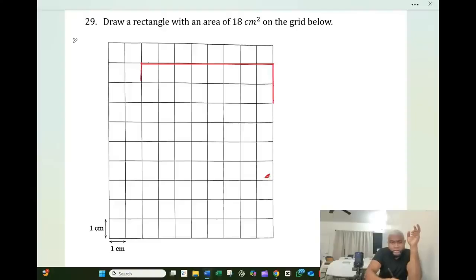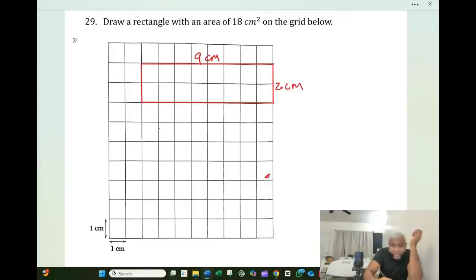That's finishing it out. This is one possible answer here, guys. Watch it. 9 centimeters by 2 centimeters, right? What is another possible answer here? 6 by 3.